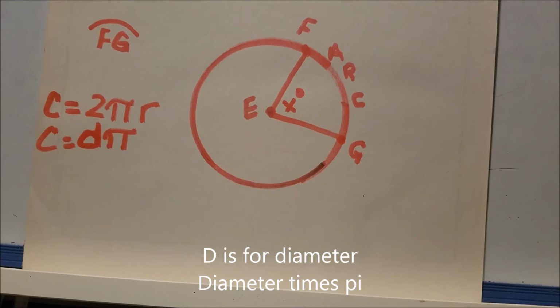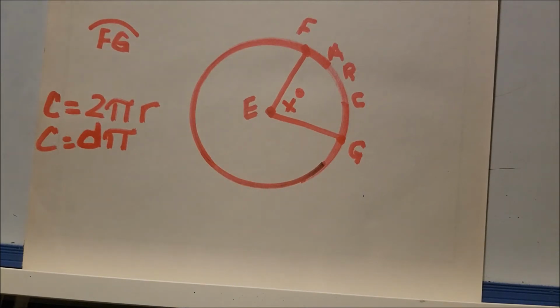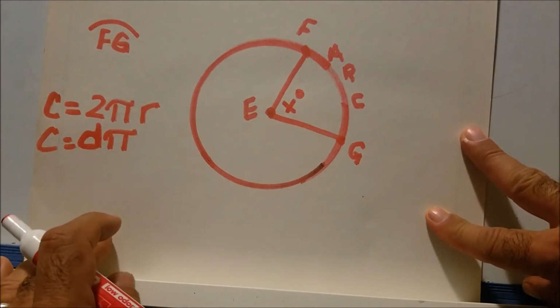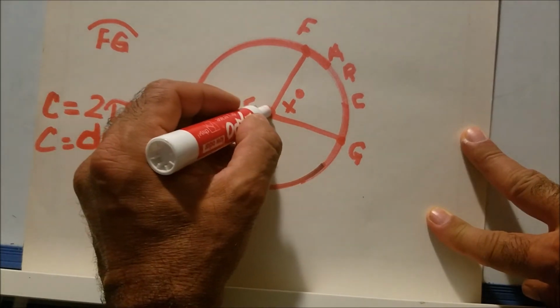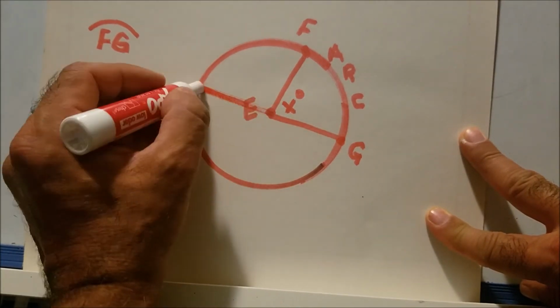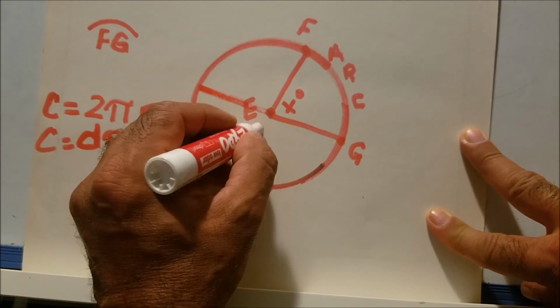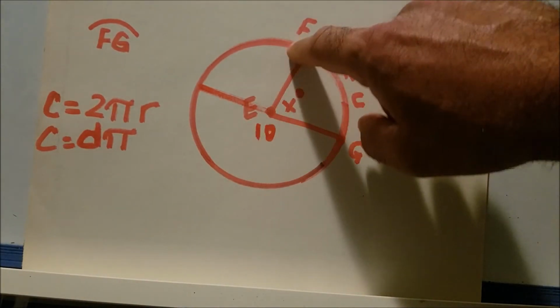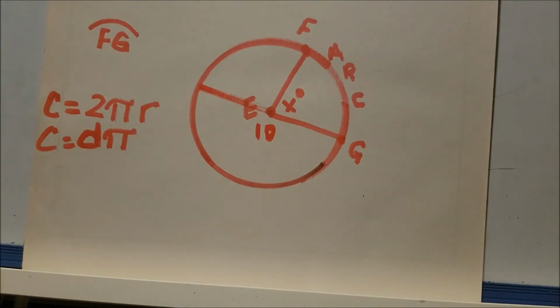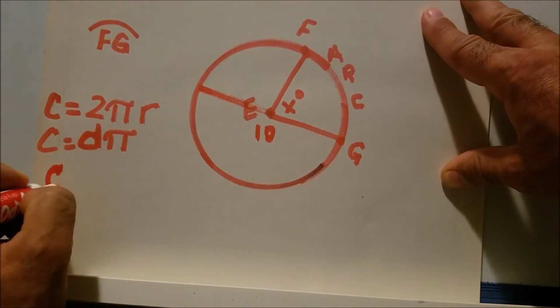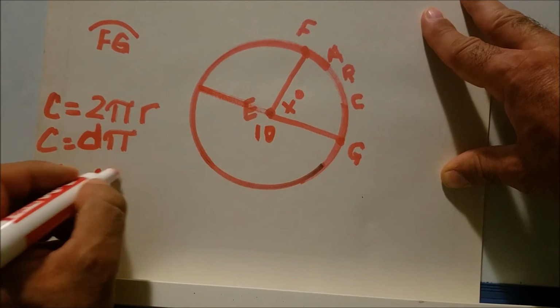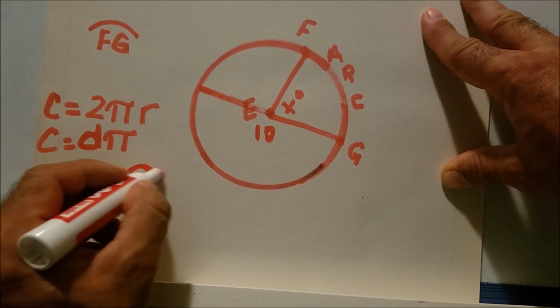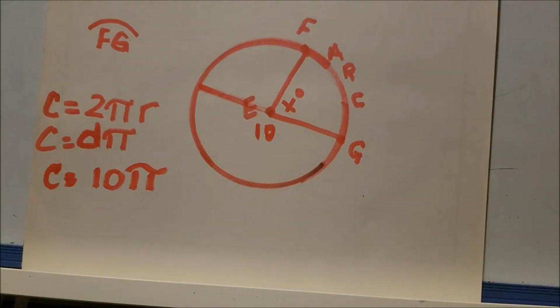That's circumference. So let's say, for example, that we knew the diameter, and let's just extend this out here. Let's say the diameter was 10. What would the circumference be? Just reviewing now. The circumference will be 10 times pi, 10 pi.